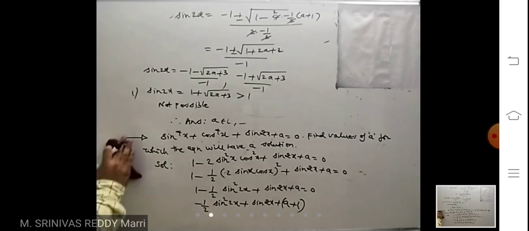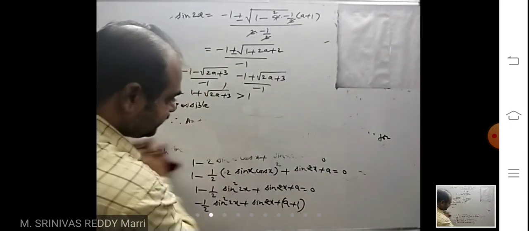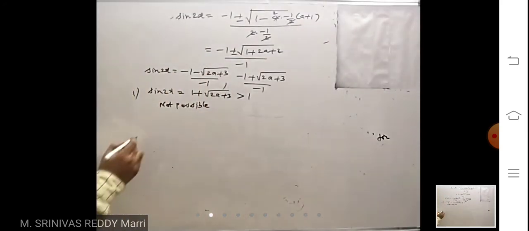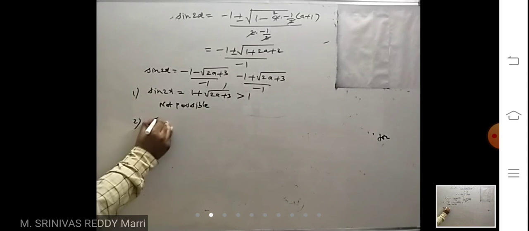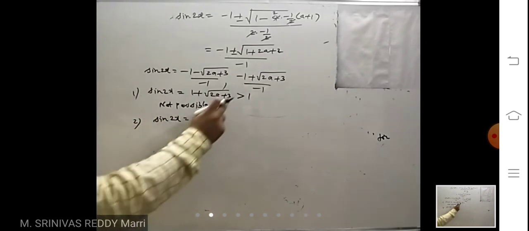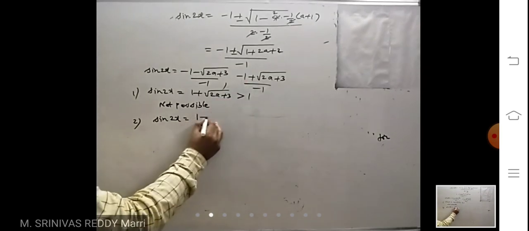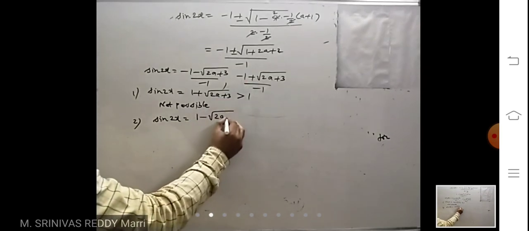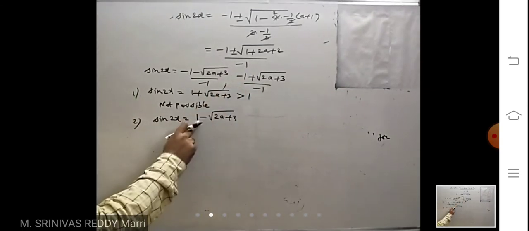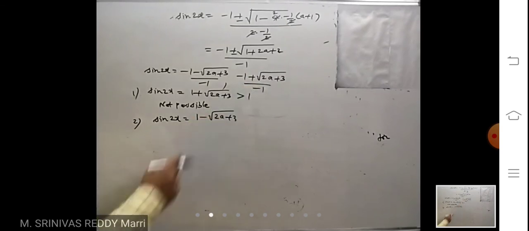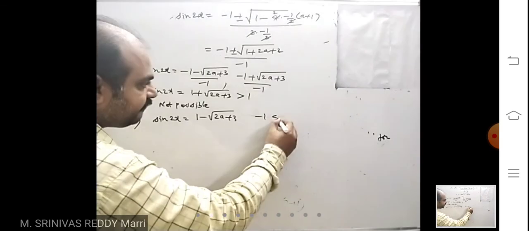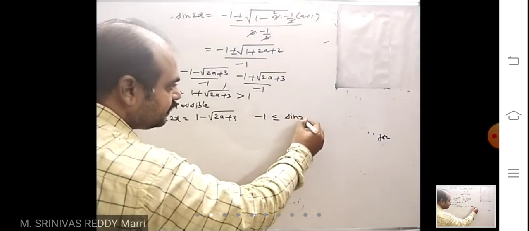Now take the second one. Sine 2x equals, taking minus common, 1 minus root of 2a plus 3; minus 1 divided by minus 1 is 1. Now this is sine 2x. This must lie between minus 1 and 1.